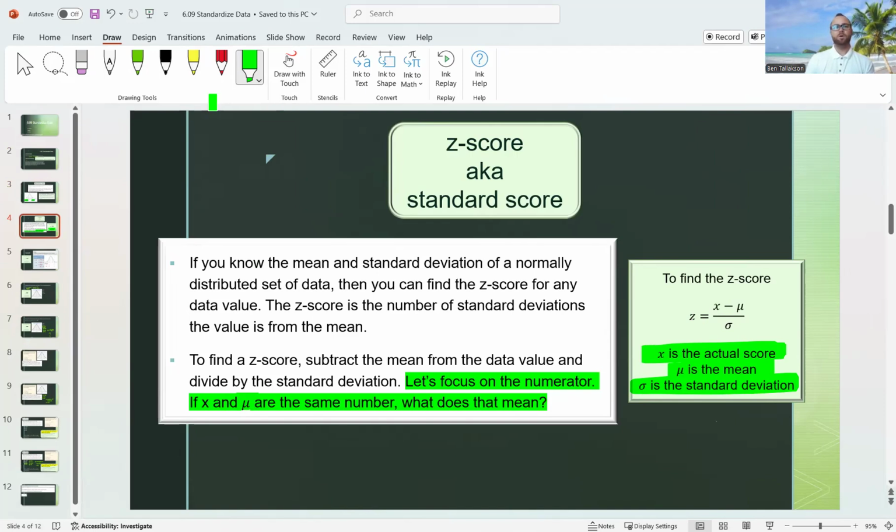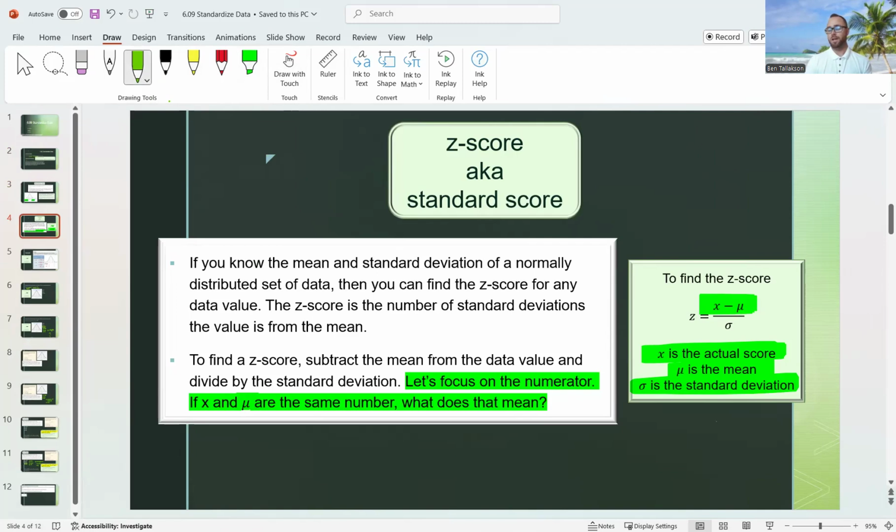And let's, for a moment, imagine that your raw score, which symbol symbolizes that? x. Your raw score, let's say, is the same as the mean. Which symbol is that? Look in the formula. So right here, we're talking about these 2 values.